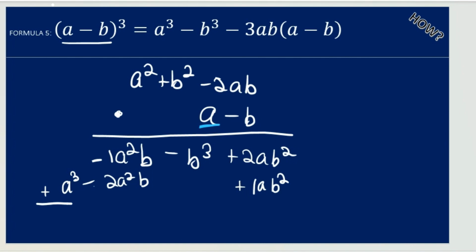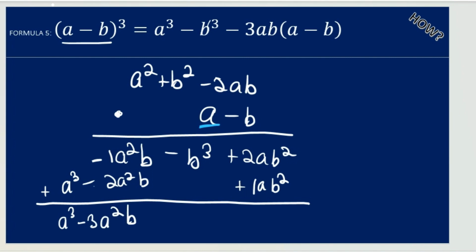Now we're just going to add. a cube minus. Okay, so again, since it is two minuses or two negative signs, we're going to have to add the coefficients here. So 2 plus 1 is going to be 3. So 3a squared b minus b cubed plus. Okay, so again here it's plus, so we're just going to add.